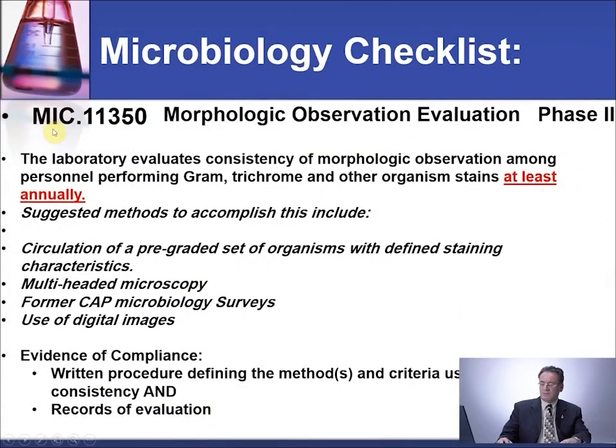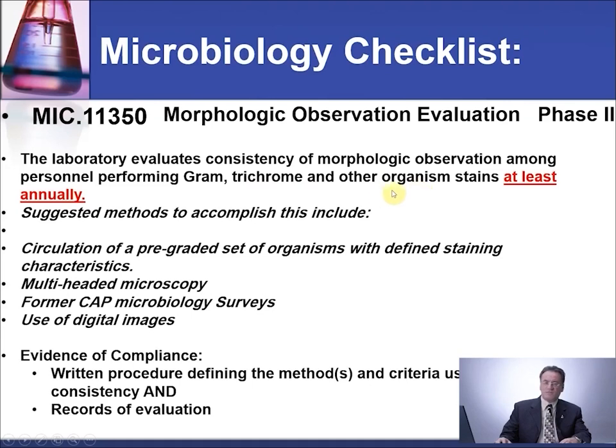In microbiology 11350, morphologic observation evaluation, you need to do that at least annually for your technologists who are doing gram stain, or other stuff that they need to be evaluated on.